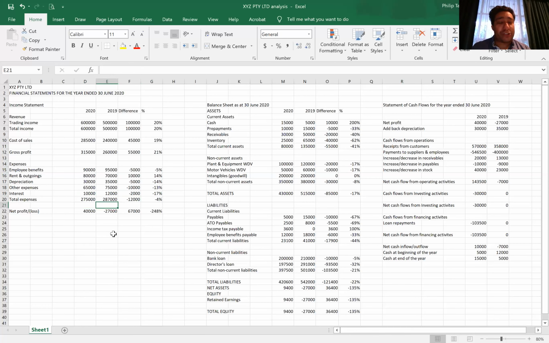Now, in 2019, according to these mathematics, the company made a loss of $27,000. Now, in 2020, the company made a profit of $40,000.